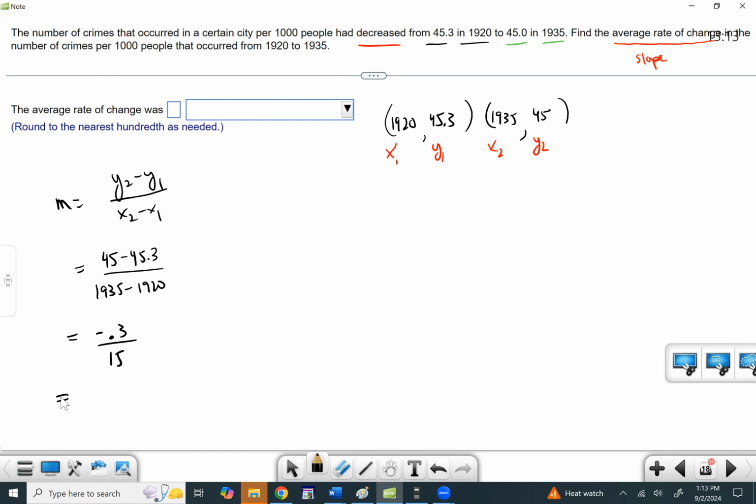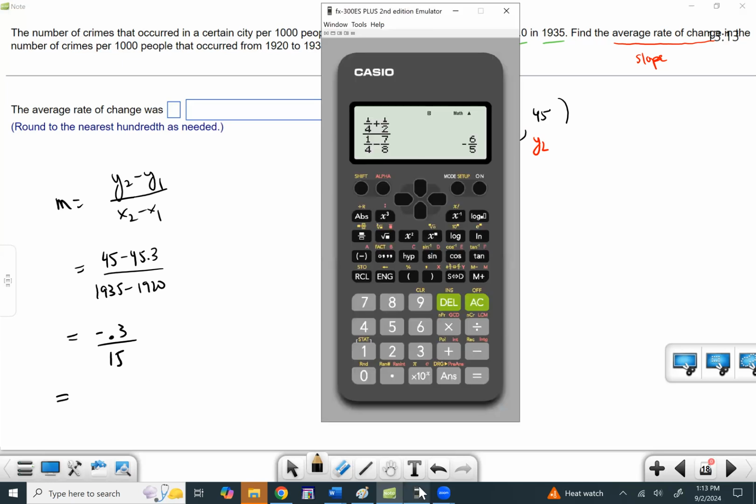Now we're going to need to use our calculator because we can't have the denominator being 15 and the decimal in the numerator, that fraction combo is not allowed, right? So we're going to go ahead and just put this into our calculator, 0.3, and then divided by 15.